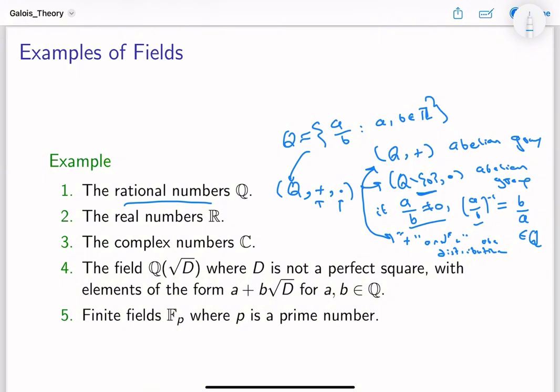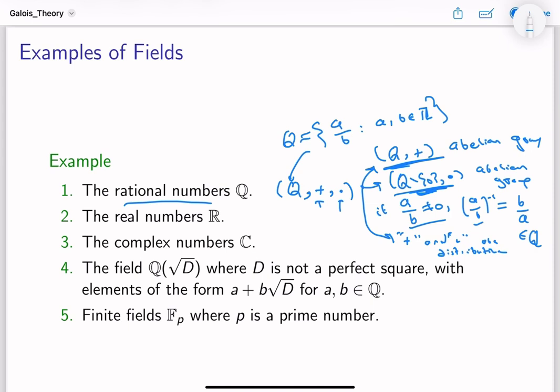As you see, you can refer to my course on abstract algebra to see proofs of why these are abelian groups. But I expect that these are easy things to verify. You can still refer to my videos; I'm going to put them at the end of the video to see, for example, proofs of these in detail.